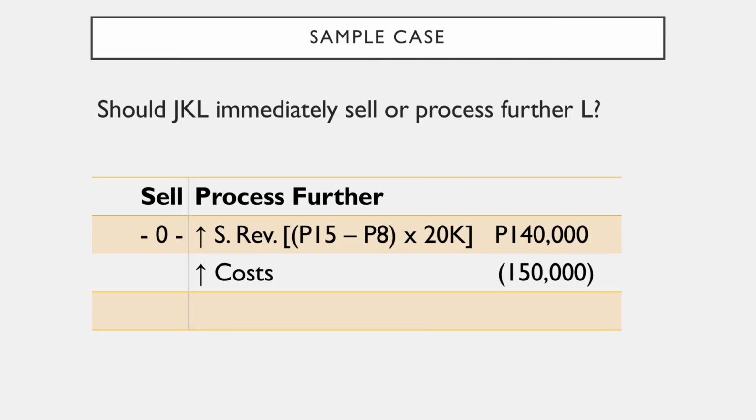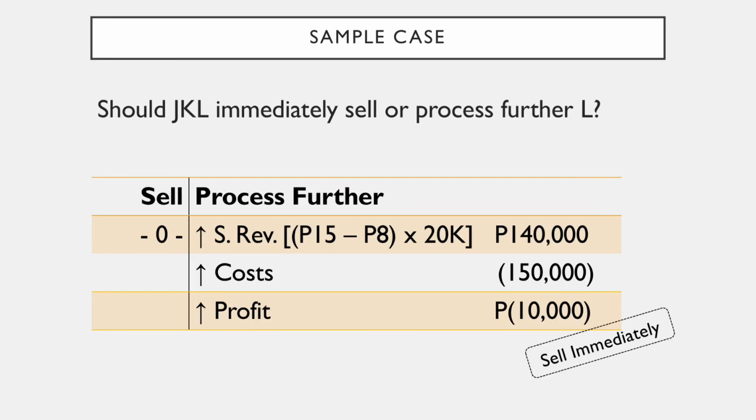Incremental costs, we require 150,000 pesos to process further L. As such, profit will decrease by 10,000 pesos. Financially speaking this time, it would be advisable to sell L immediately rather than processing further.